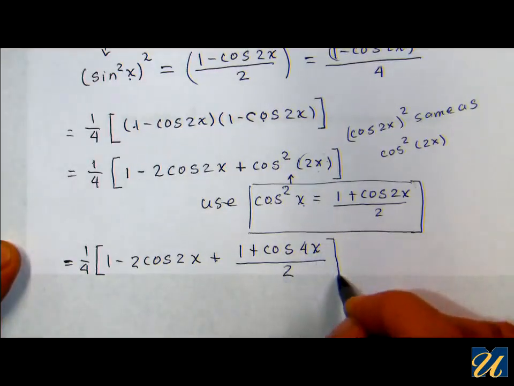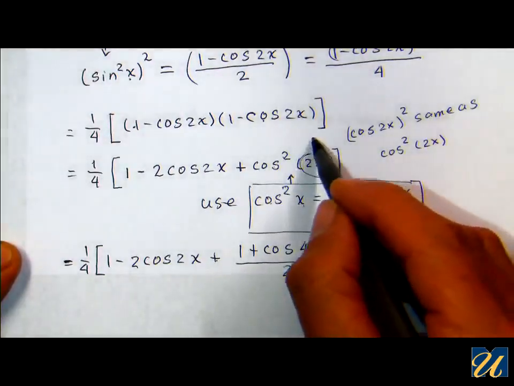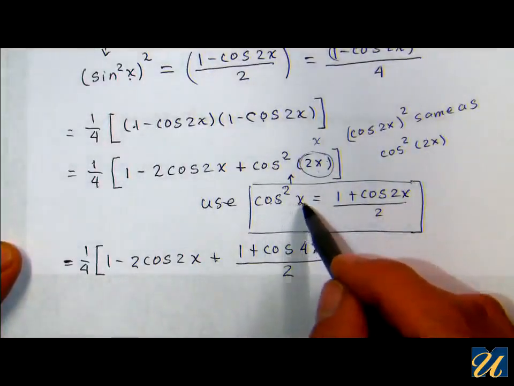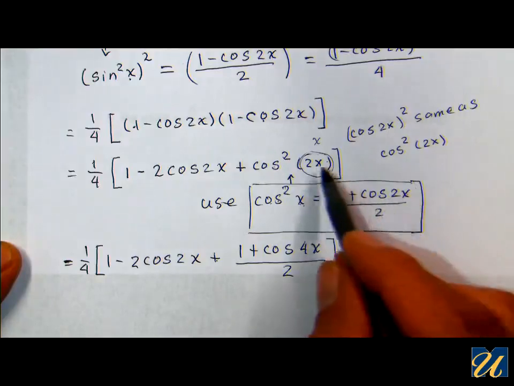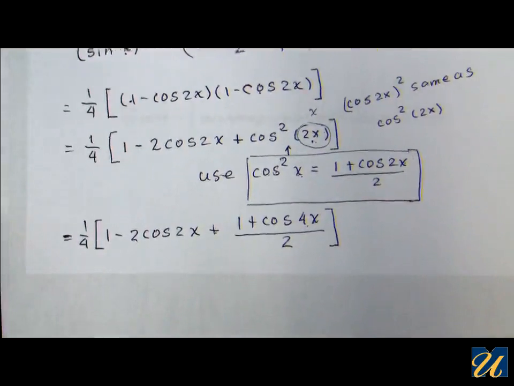So again, why that happens is, think of all of this as your x. And cosine square x is 1 plus cos double the x over 2. So doubling this becomes 4x. That's where it can get a little tricky.